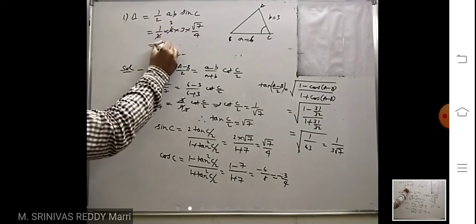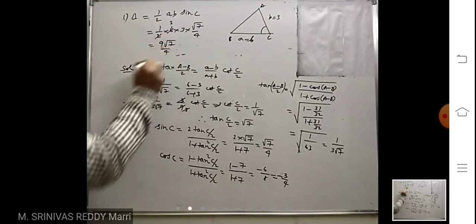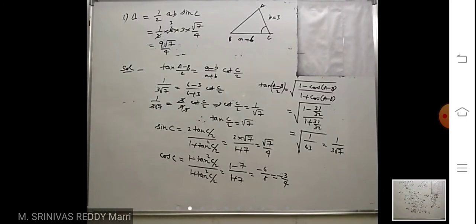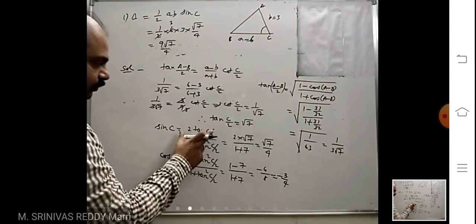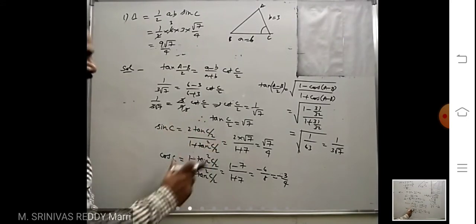So the area of the triangle is 9 root 7 divided by 4. That's why I have calculated sin C here. I know tan C by 2, and sin C can be calculated by using this formula.